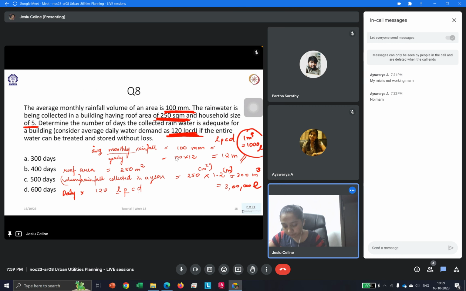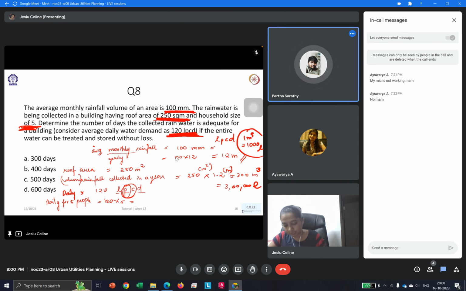So per capita, and we know that there are 5 people. So daily, for these 5 people, what will be the consumption? It would be 120 into 5. How much does that come out to? 600.